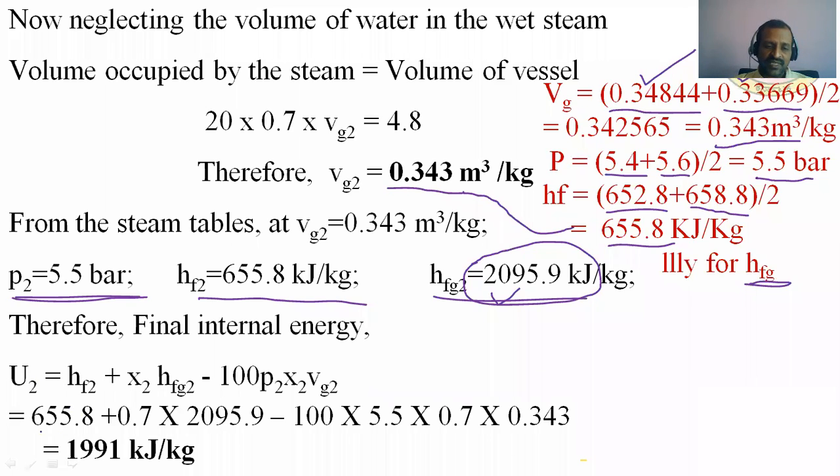HF2 is 655.8 plus 0.7 into 2095.9 minus 100 into P2 which is 5.5, X2 is 0.7, into the volume which is 0.343. Then you will get the answer as 1991 kilojoules per kg. This is the internal energy, final internal energy.